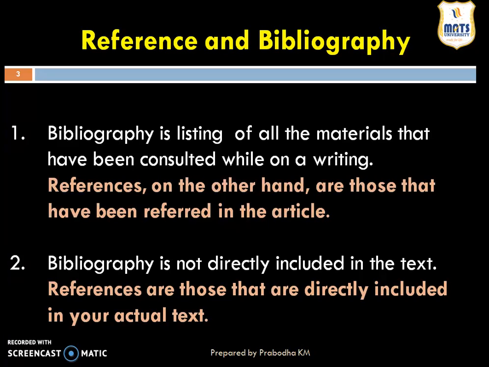The second major difference is that a bibliography is not directly included in the text, while references are directly included in your actual text. Here, the actual text means your actual scientific article that you are preparing or writing.